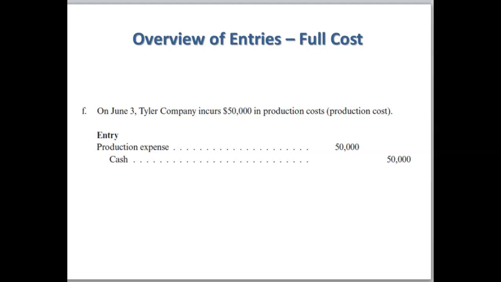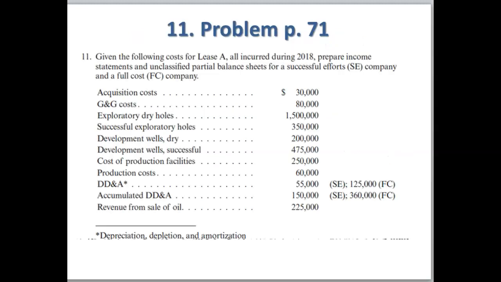Now I want to work through one more problem from the book dealing with our financial statements to highlight the effects of the different methods. This one you can find on page 71. Given the following costs for lease A, all incurred during 2018, prepare income statements and unclassified partial balance sheets for a successful efforts company and a full cost company.